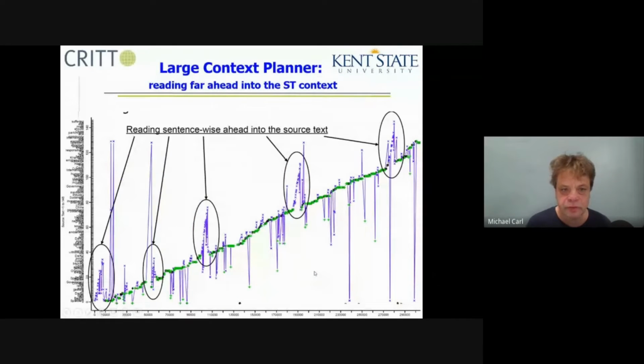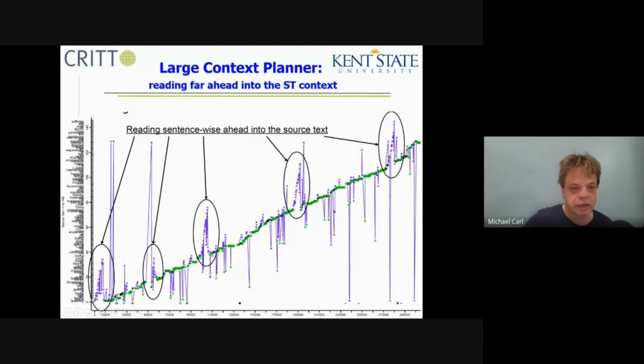Then here we have another translator who reads a sentence, types in the translation of it, reads a sentence, types in the translation, reads a sentence, types in the translation, and so on. Okay, so this is a kind of different strategy.